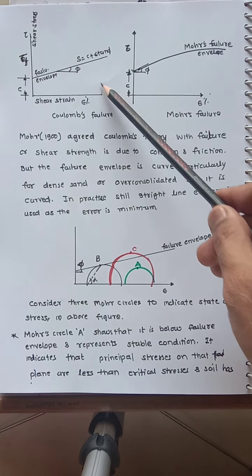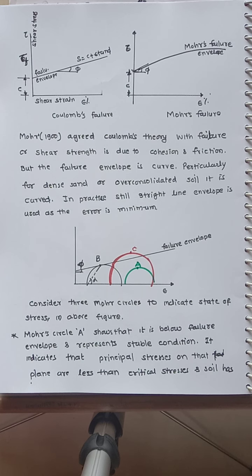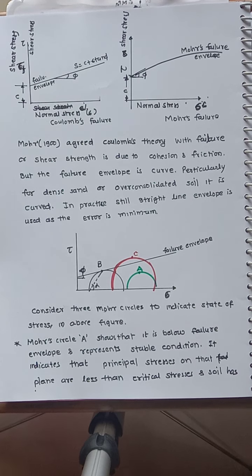Now, if you see these two diagrams, they are almost the same. The relationship is the same, from the expression that Coulomb gave. If we plot that relationship, the equation S is equal to c plus sigma tan phi, the x-axis is the normal stress sigma and the y-axis is the shear stress tau.